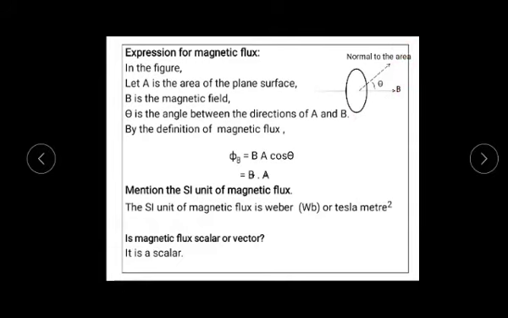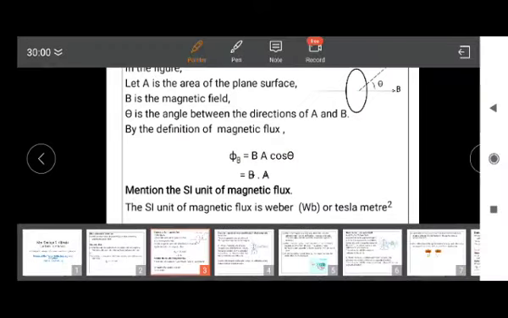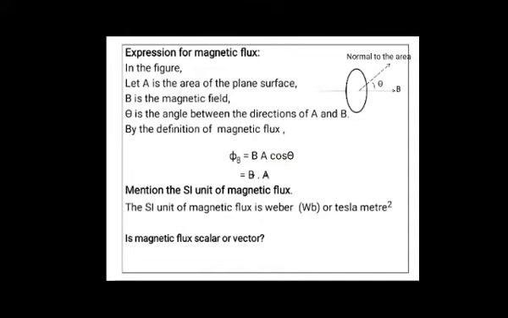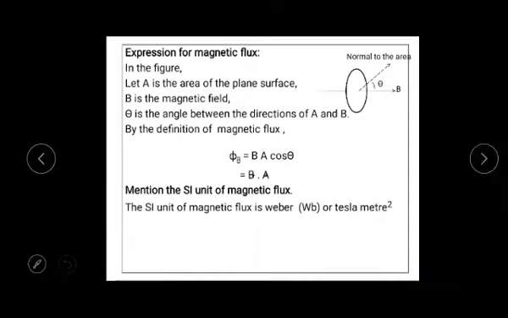Now by the definition of magnetic flux, phi B is equal to BA cos theta. So this BA cos theta can be written as B dot A. I hope you are remembering dot product and cross product. This is actually vector B dot vector A you have to take.